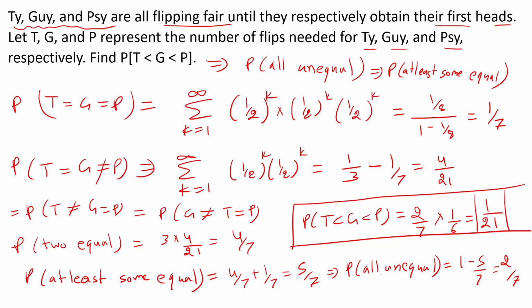Okay, so nice little solution for our problem, and I did say we can do it another way. So let's try that. We want t less than g less than p.